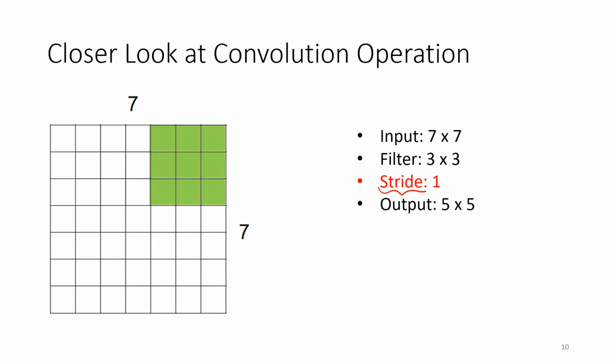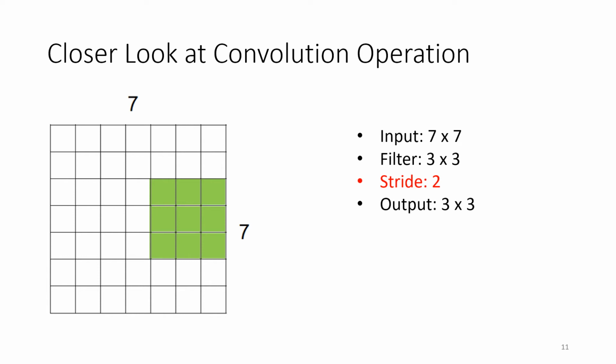As you see, because we had a 7 by 7 input image and a 3 by 3 kernel size, we can get only 5 positions, so the output is 5 by 5. Now what if stride is 2? Our kernel jumps 2 pixels at a time, and that's why the output we get is 3 by 3.